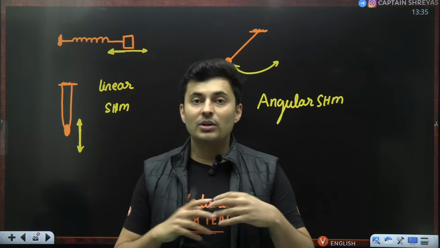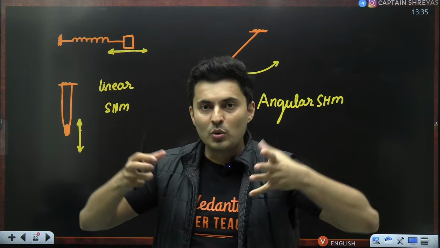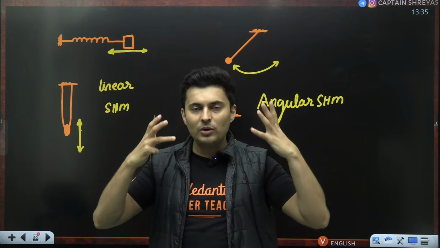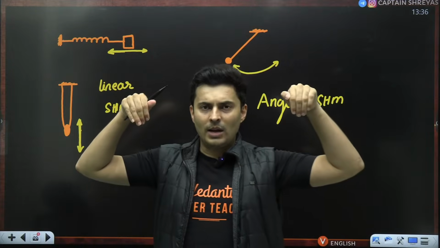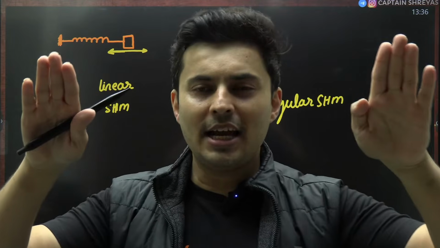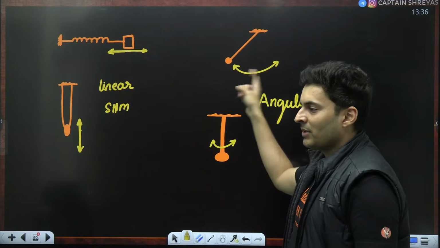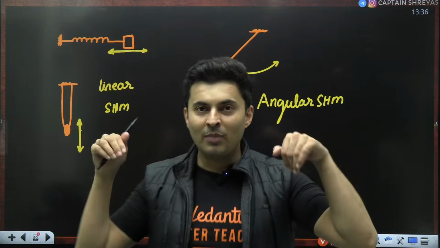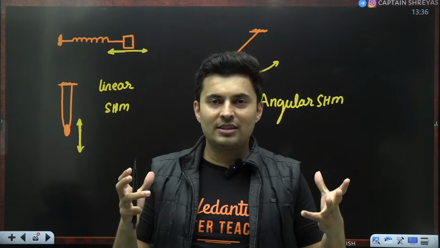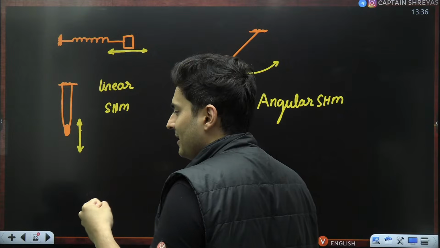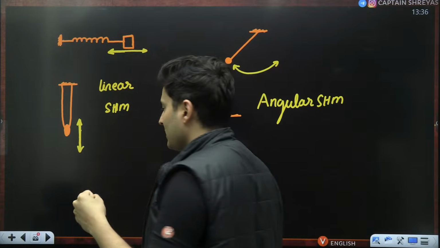So imagine you are sitting in a swing. Everybody would have sat in a swing, right? You go behind and leave yourself. You will go like this, like in a Columbus joyride, and then you will come back. That is your simple pendulum motion, back and forth. But imagine you are in a swing and you turn that swing like this and leave it. Then you will go like this, stop. Again go like this and stop.